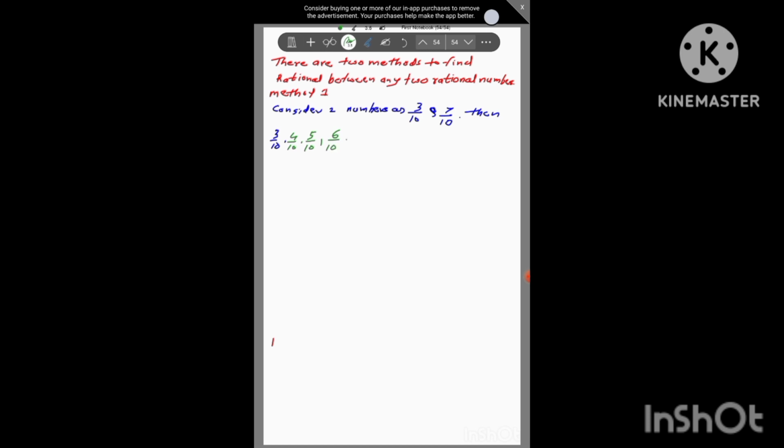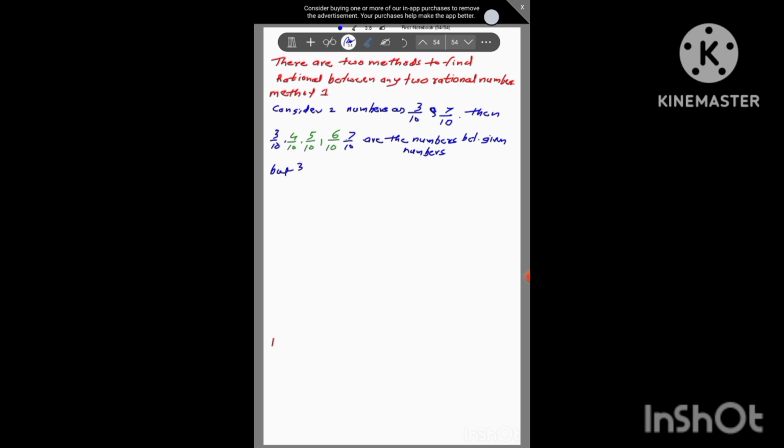So we write 3 upon 10, 4 upon 10, 5 upon 10, 6 upon 10, 7 upon 10. All these numbers are in between 3 and 7. So these are some rational numbers between 7 upon 10 and 3 upon 10.